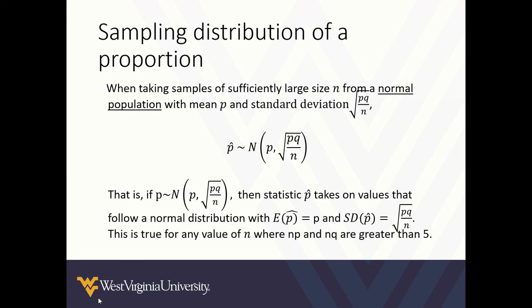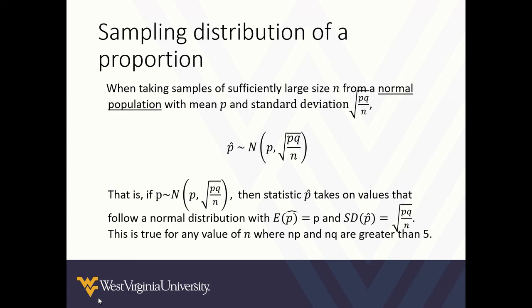And again, this is assuming that p itself does follow the normal distribution. And so at that point, our statistic p hat takes on values that will follow the normal distribution, with our mean being p and our standard deviation being the square root of pq over n.